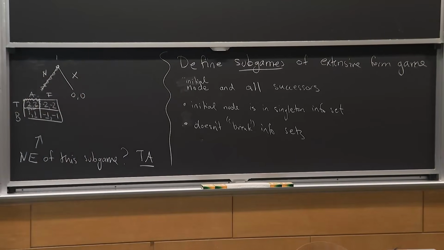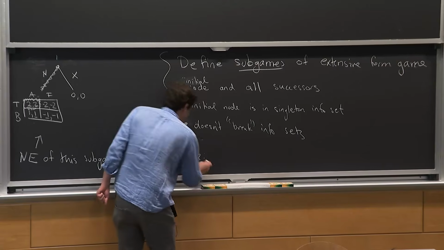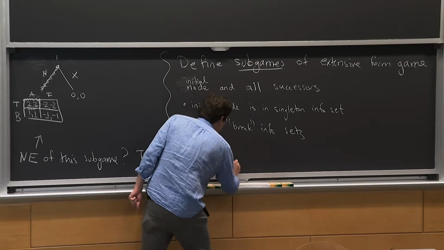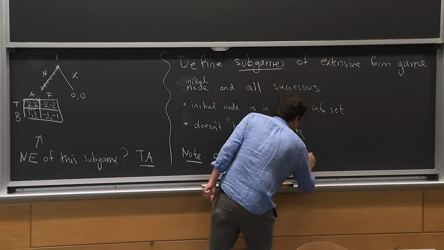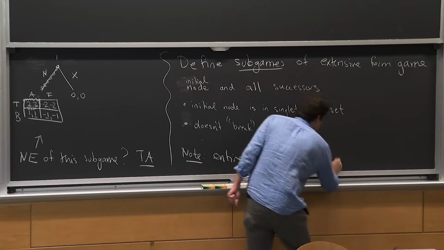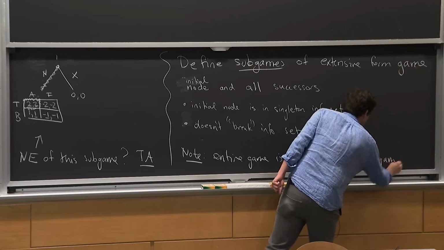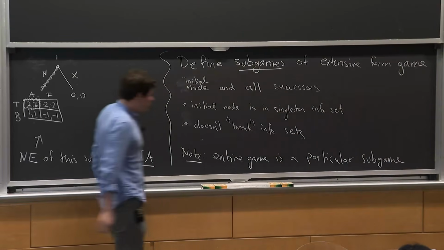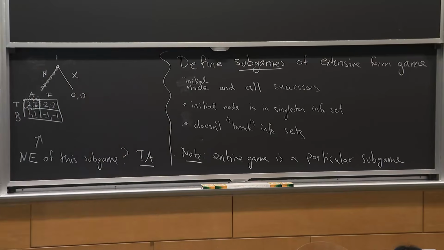So let's note one observation. The entire game is a particular subgame. How can we see this? Why is the entire game necessarily a subgame?